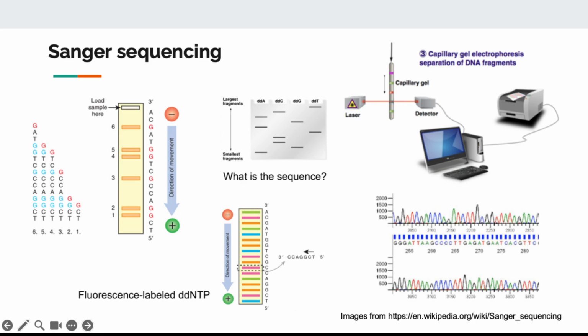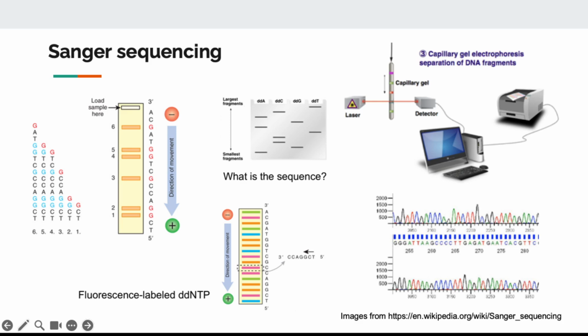The third product would be AGC, the fourth would be AGCC, and the fifth would be AGCCT. So we can deduce what nucleotide sequence is being produced in this reaction by looking at how their molecular weights stack up as a ladder.